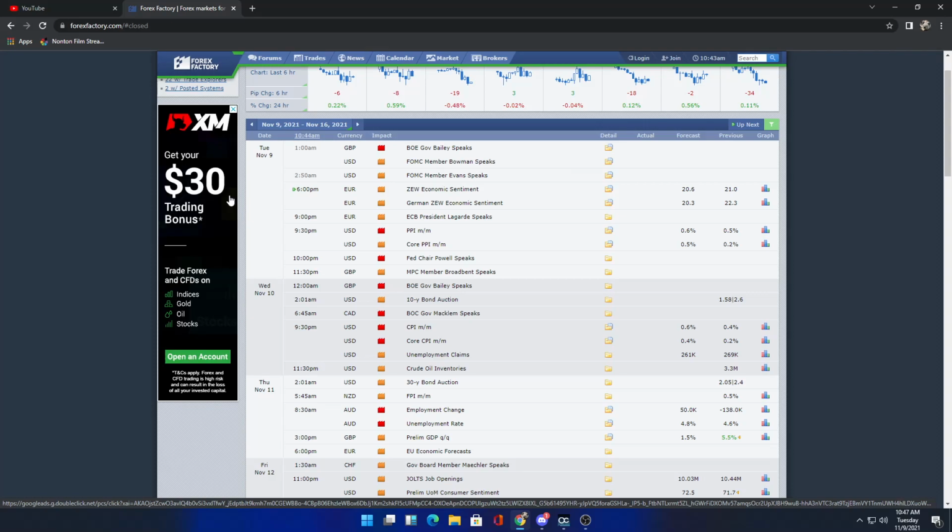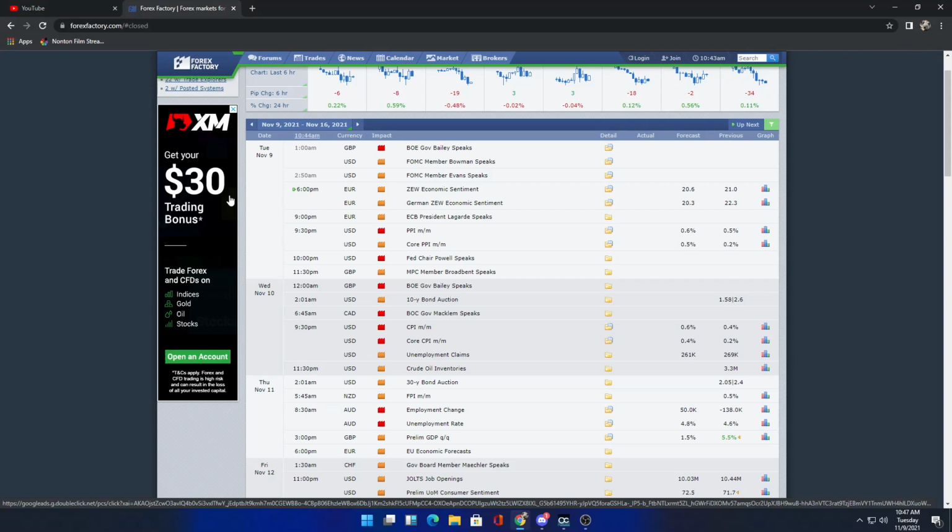Basically we will know from Powell's speech. Powell has already given a hint: maybe no rate hike this year, maybe in the middle of next year, somewhere in May or June. They are waiting because the COVID-19 impact is still there, and they want to recover the economy first before they hike the rate for USD.